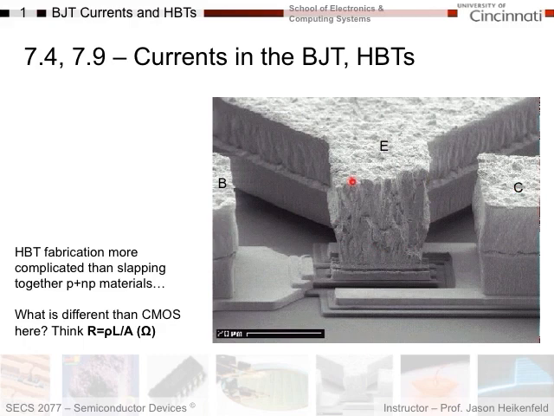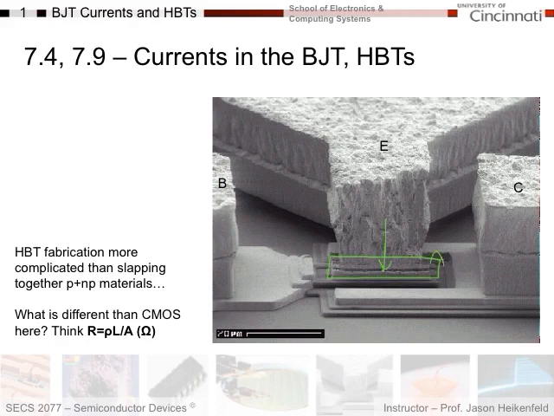And the reason why this thing has such high current capability is that if you look at this, think of rho L over A here. My area, for the resistance, as I calculate resistance through the device, is this cross-sectional area here. So I'm basically driving current down through the device, and this would be my area.